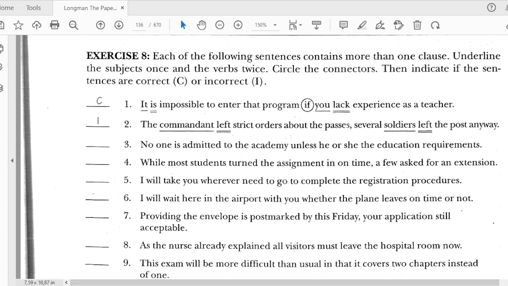Providing the envelope is postmarked by this Friday, your application is still acceptable.